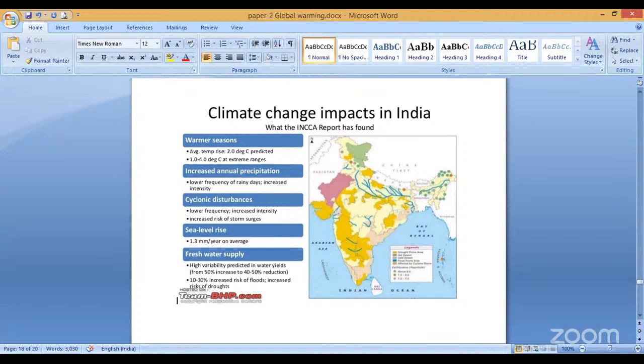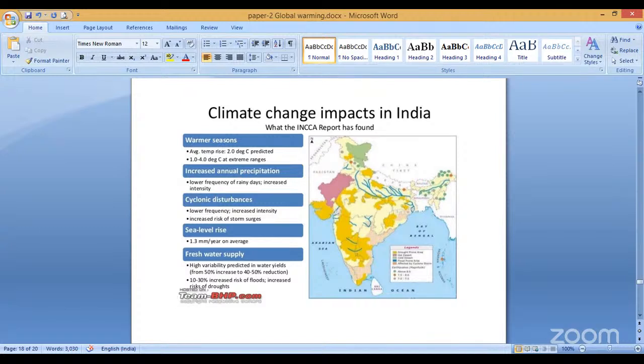Warmer seasons: the average temperature rise is predicted at 2.0 degrees, with extremes ranging from 1.0 to 4.0 degrees. Increased annual precipitation but a lower frequency of rainy days.